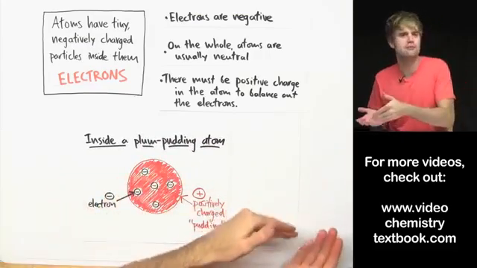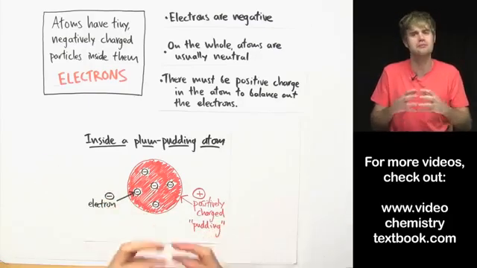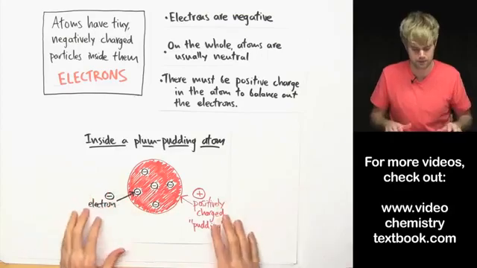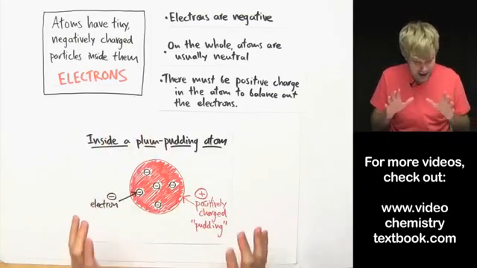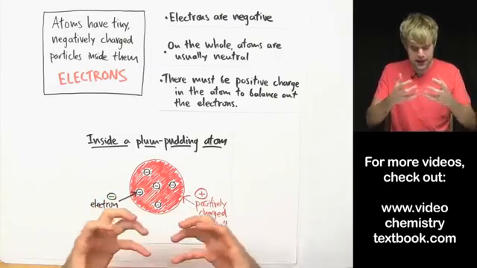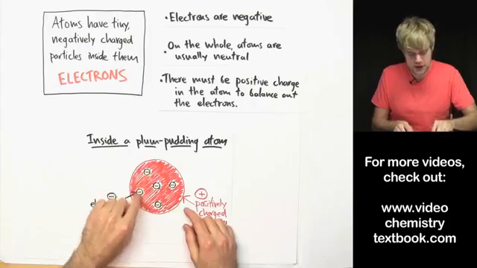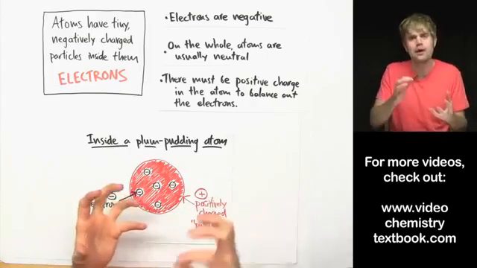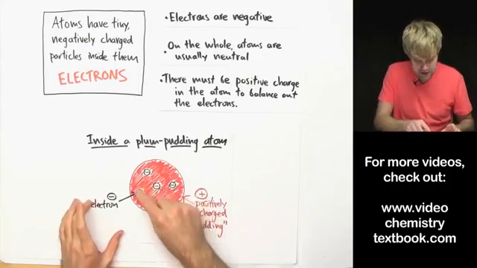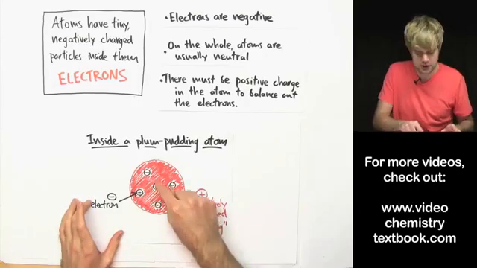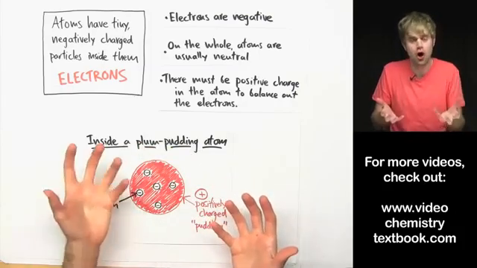Now, plum pudding is kind of a British thing, so if you're American, it might be better for you to think about this as the blueberry muffin model. And here's how it works. Thomson imagines that the atom is like a blueberry muffin, and that electrons are stuck in this atom the way blueberries are stuck in a blueberry muffin. So you have these little electrons that are stuck in the atom, but then they're surrounded by a dough.